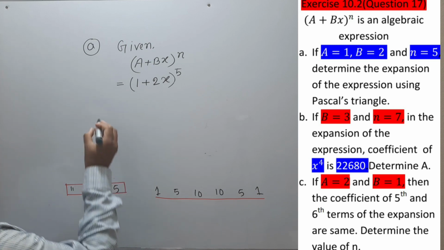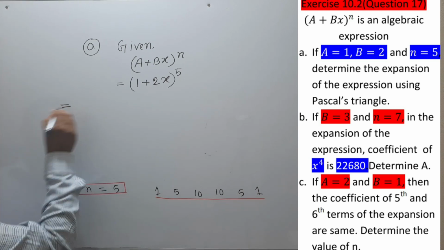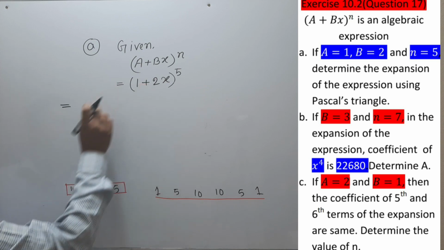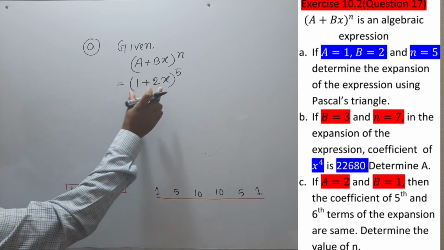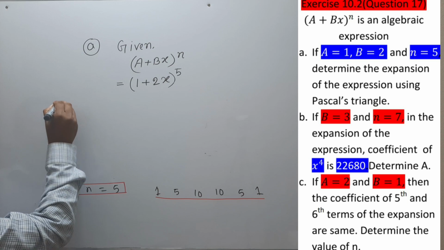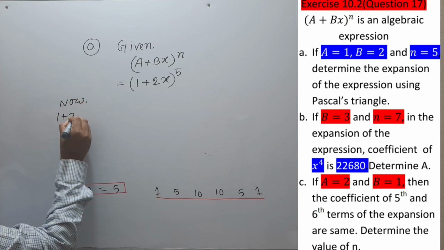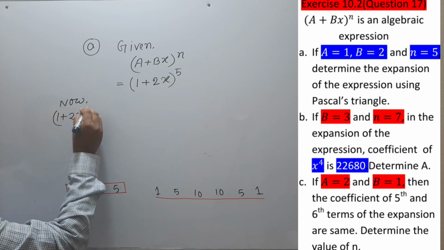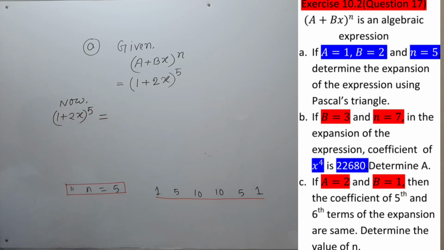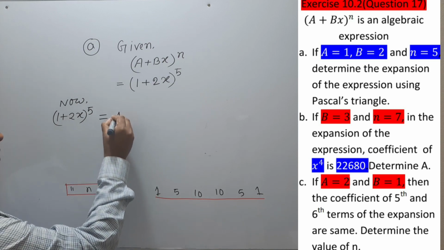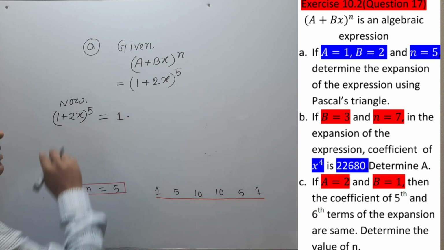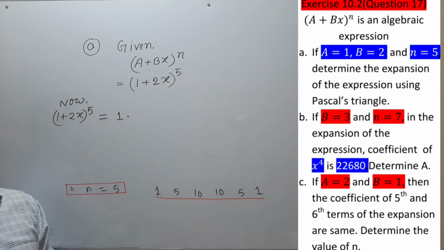So we can write it for this binomial term: (1 + 2x)^5 is equal to, first coefficient is 1. So here first term is 1, so no need to mention the first term, because first term is 1.